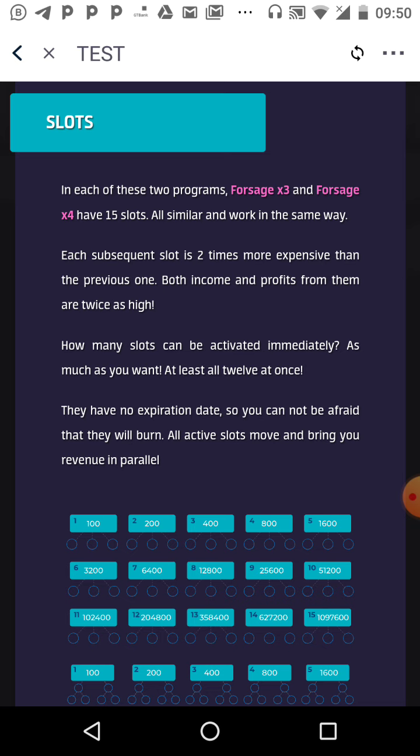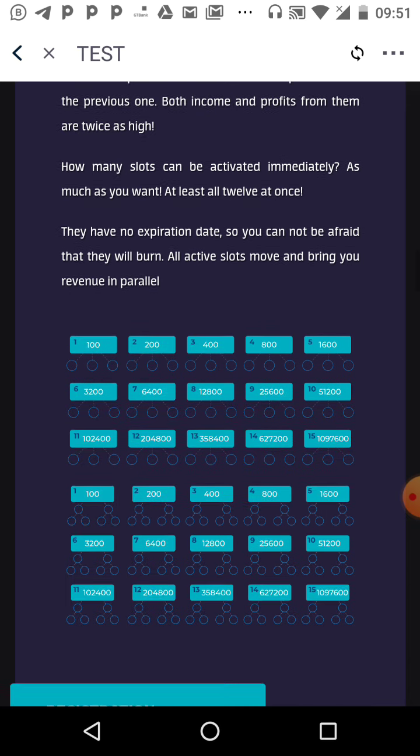Each subsequent slot is 2 times more expensive than the previous one. Both income and profit from them are twice. So if you buy each slot, you make more money from every slot you or your prospect comes in with. How many slots can be activated immediately? As much as you want, at least all 12 slots or 15 slots should be activated.